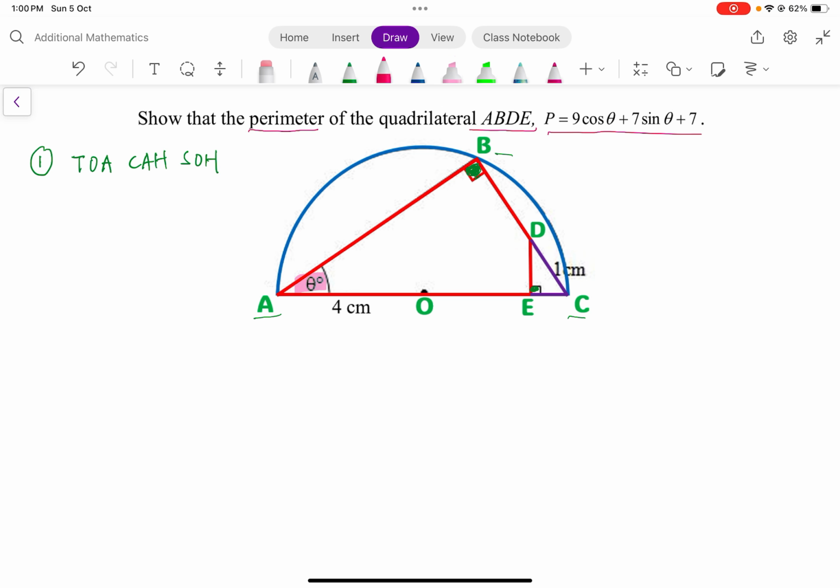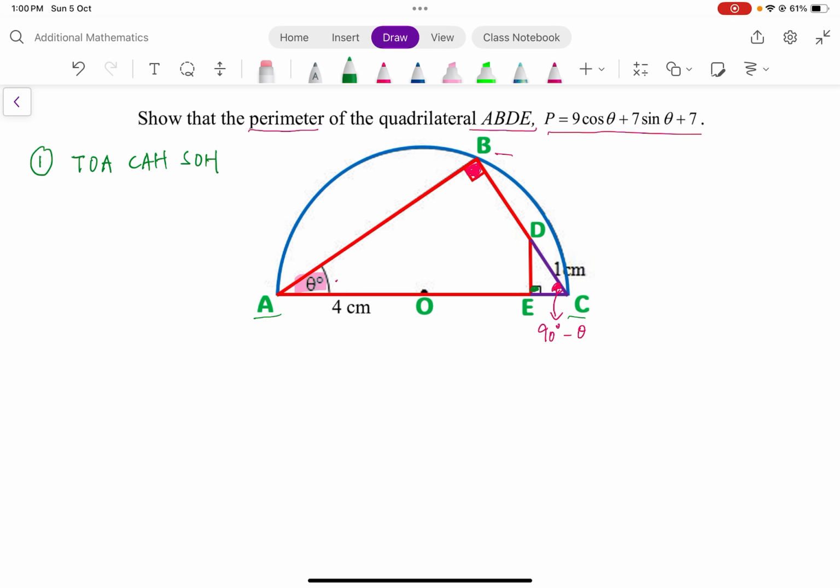If angle A is equal to theta, and angle B is also equal to 90 degrees, then what I will know is that this angle C will be equal to 90 minus theta. Now, if this is 90 minus theta, and angle E is 90, which angle do you think will be equal to theta?